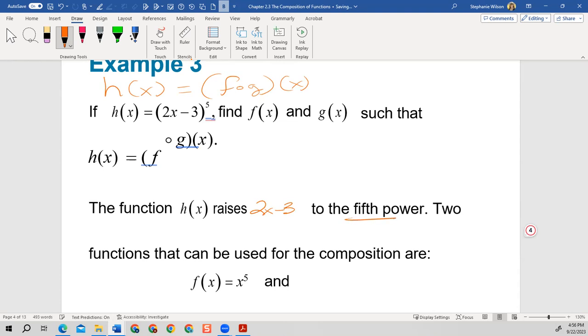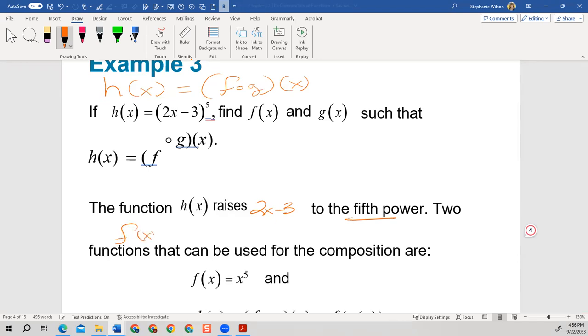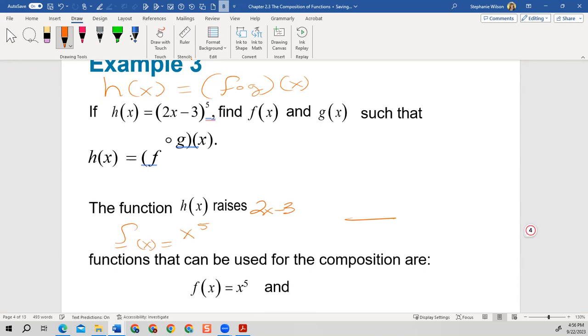So two functions that can be used for the composition are, we're going to let f of x be one part, and it's going to be x to the 5th, because that's what we got here. The original is raised to the 5th. And then we're going to let g of x be equal to 2x minus 3, which is the inside of that parentheses, okay? So now that I've done that, now I can apply that f of g of x.